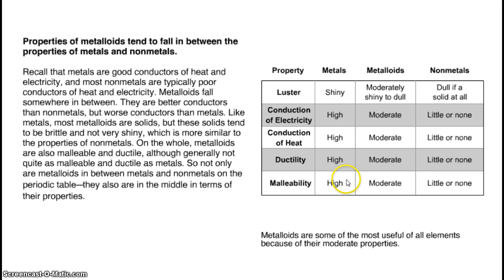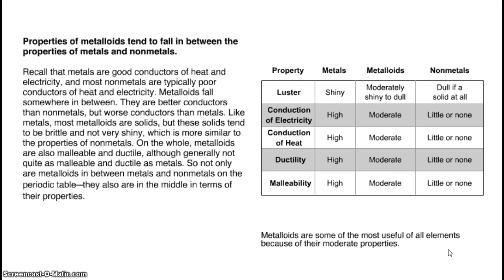You see the same thing for ductility and malleability: high for metals, medium for metalloids, little or none for nonmetals. So this comes into play where if they give you three elements and they say, which one is the shiniest? Which one is the least shiny? Then you can say, oh, well, the metal is the most shiny. Whichever one's the metalloid goes in the middle, and the nonmetal goes at the end for being the least shiny.